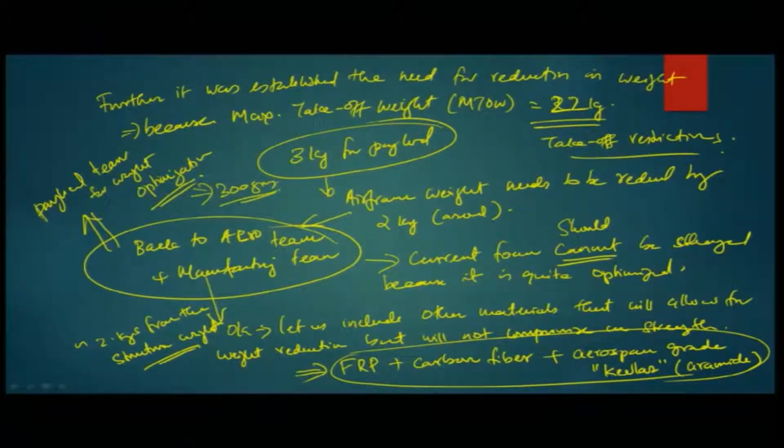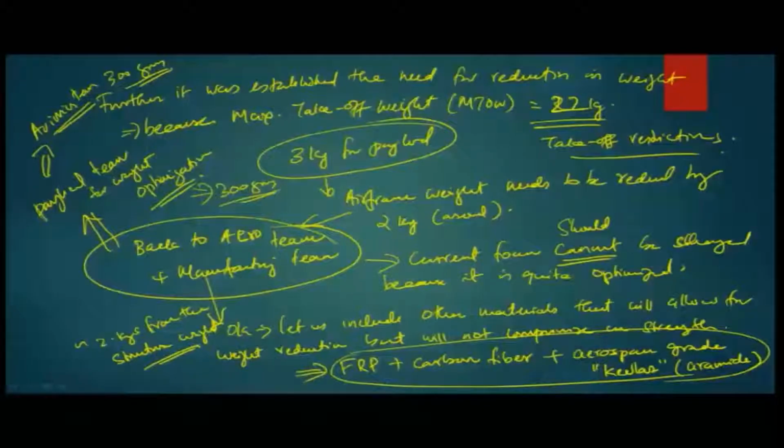Then we went to the avionics and control team. They shaved off another 300 grams. We did multiple iterations, multiple loops, because our airframe weight was constrained, and in this process we were able to get another 700 grams shaved off from different places, which gave us quite a lot of luxury.